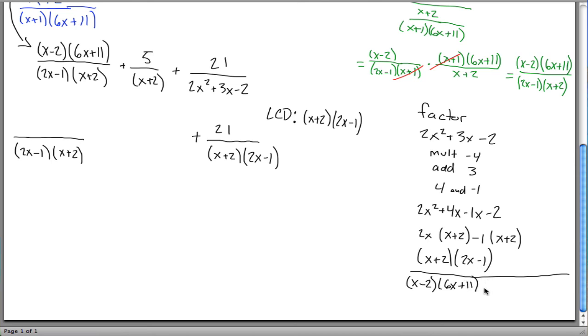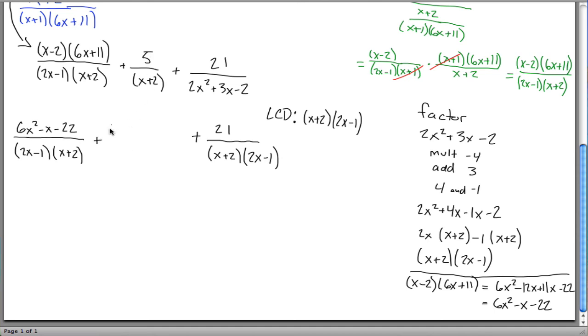And if you use FOIL or our box method, you get 6x squared minus 12x plus 11x minus 22. Which if you combine like terms, it's 6x squared minus x minus 22. So this is 6x squared minus x minus 22.